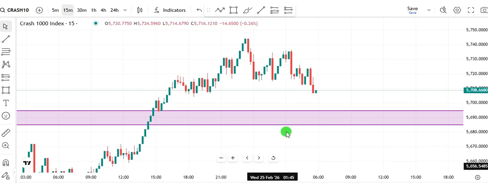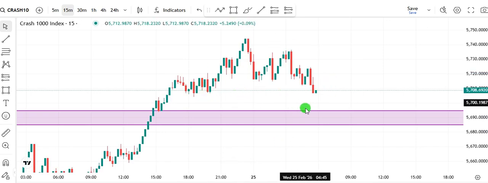So let's see if it's going to turn support for us to look for a bullish trade. We are going to be waiting to see what it does when it gets to this level. So that's what we're waiting for.